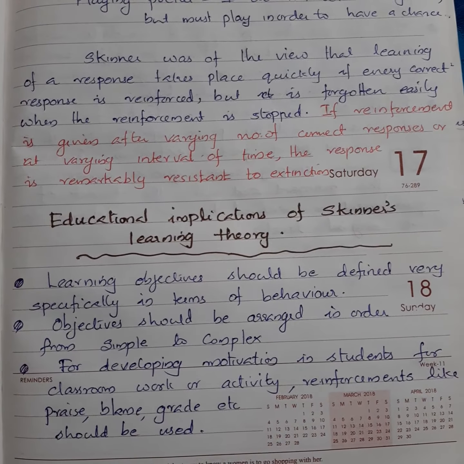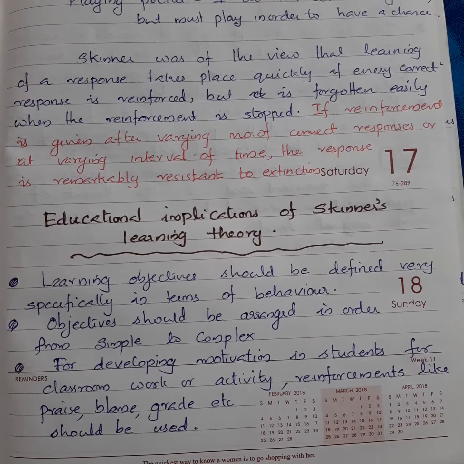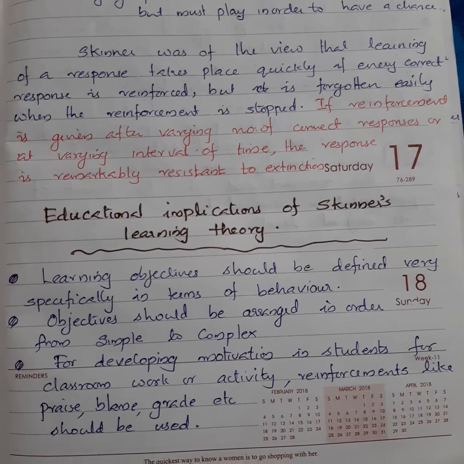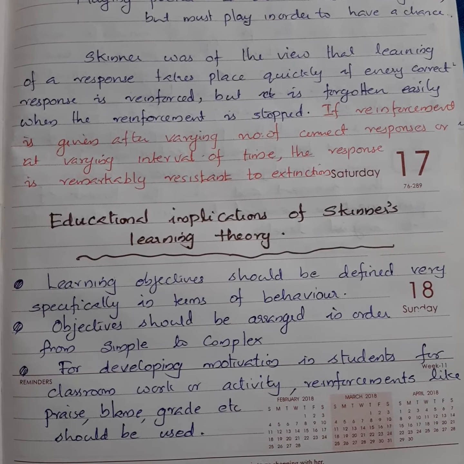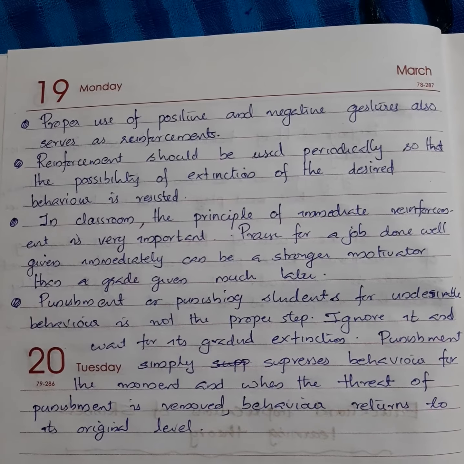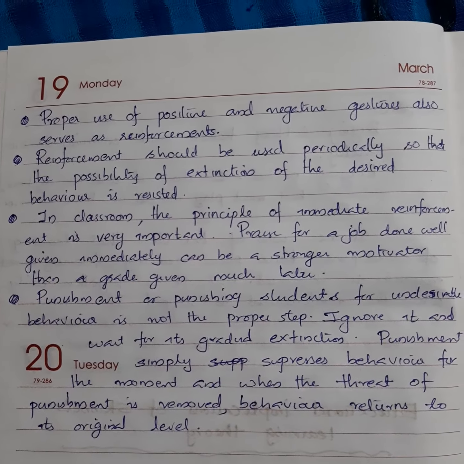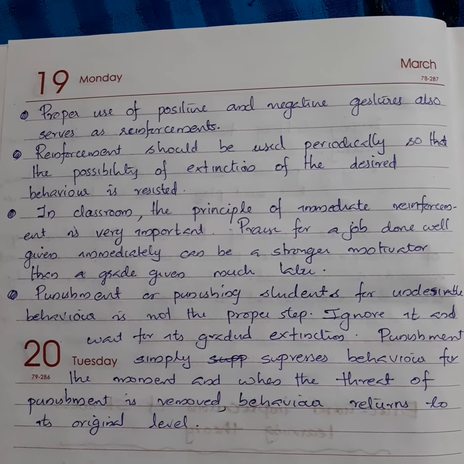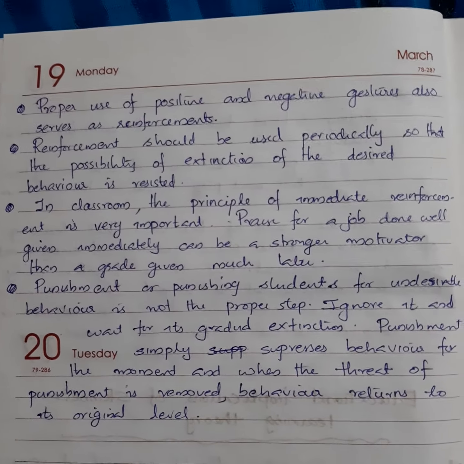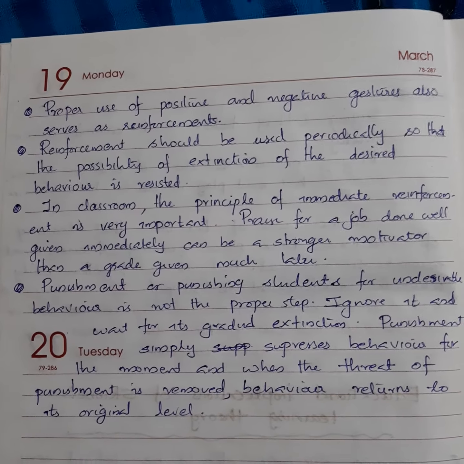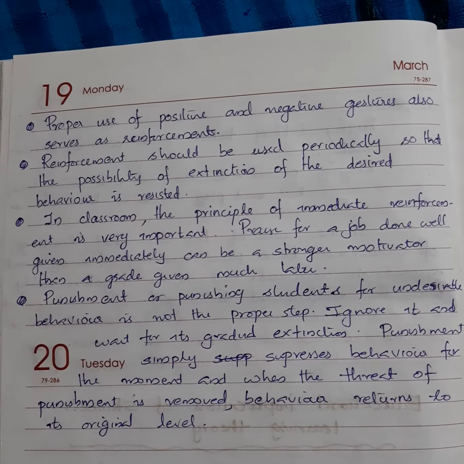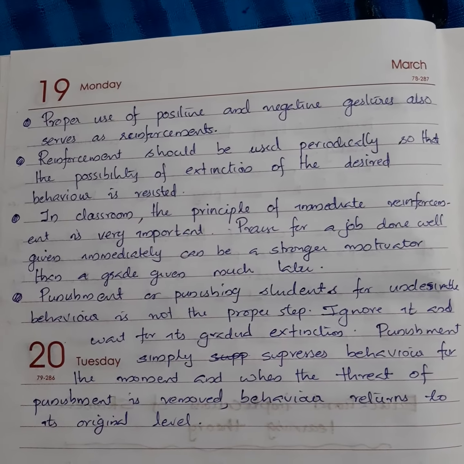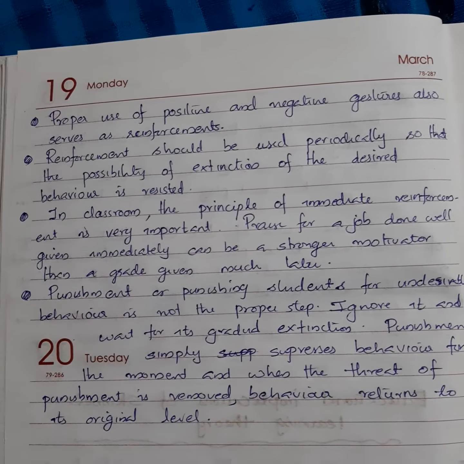Third, for developing motivation in students for classroom work or activity, reinforcements like praise, blame, grade, etc. should be used. Next, proper use of positive and negative gestures also serves as reinforcement. Next, reinforcement should be used periodically so that extinction of the desired behavior is resisted.